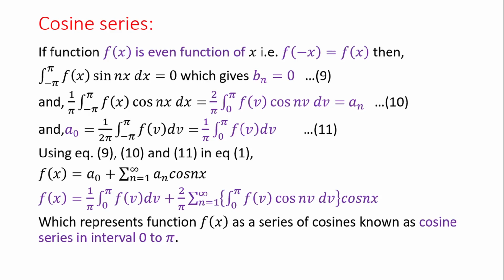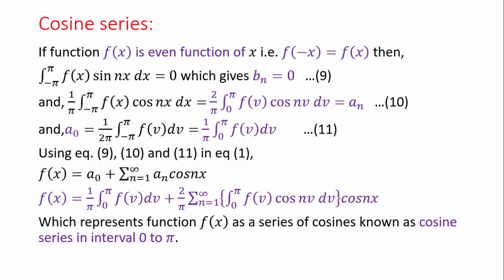Now it is important to note that this is a series consisting of only cosine terms, and hence it is called a cosine series within the interval 0 to pi. So this is about the cosine series.